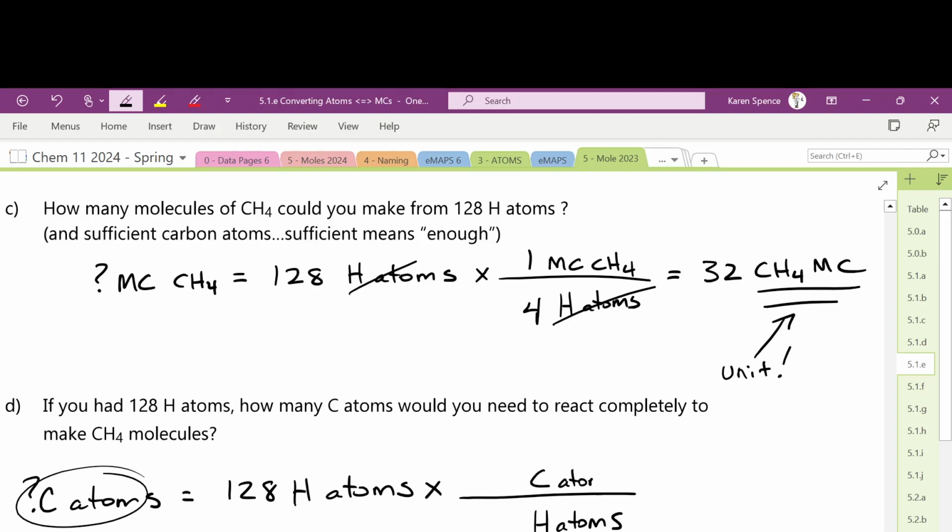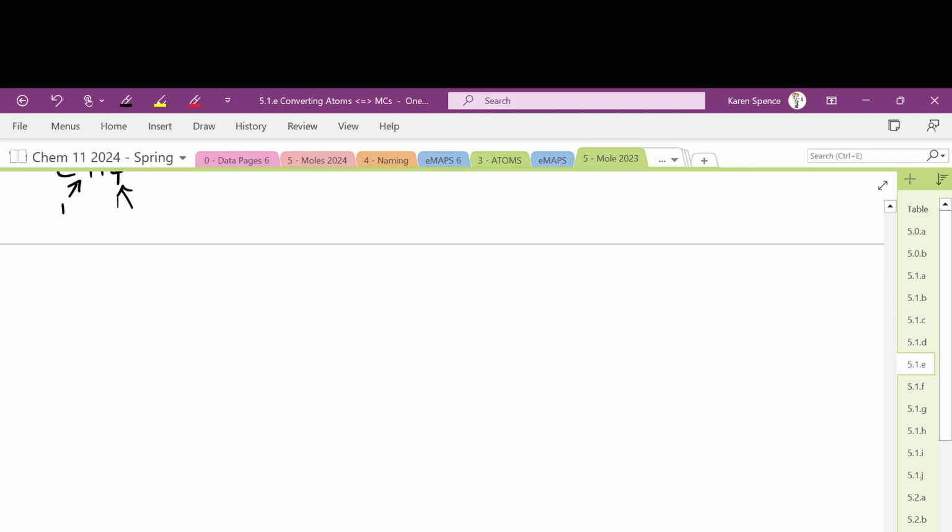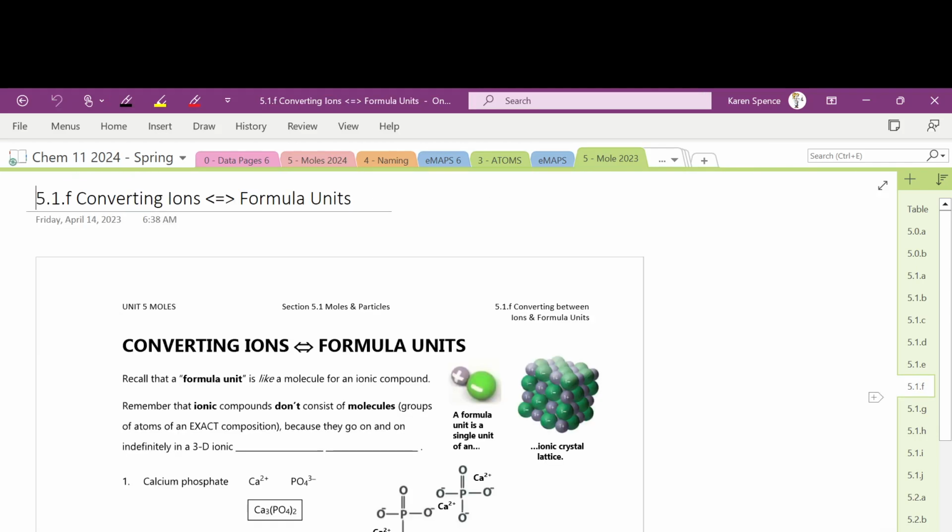Carbon atoms go on the top. So now we look at our formula, CH4. There is 1 carbon for every 4 hydrogen. Okay, and again, we get 32 carbon atoms. The hydrogen atoms cancel out, and we are left with the unit carbon atoms. Is that good? Okay, that's it for that one.